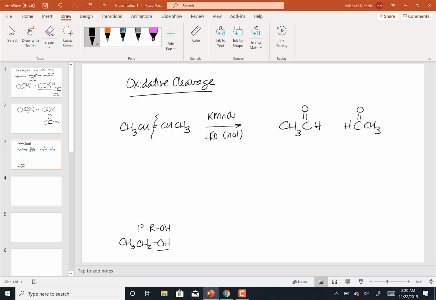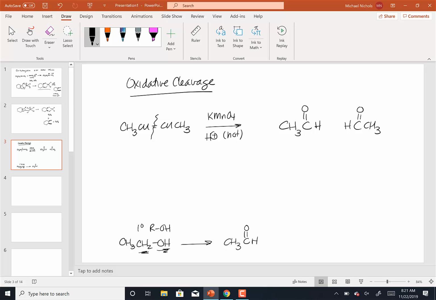Because the OH is attached to a primary carbon. Okay. Primary alcohols can first be oxidized to an aldehyde. And in this case, when I'm talking about oxidation, I'm talking about the loss of two hydrogens and the formation of the C=O double bond. So that's where the oxidation term comes from.